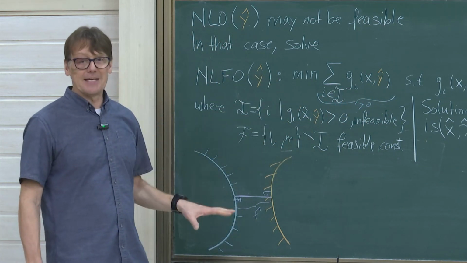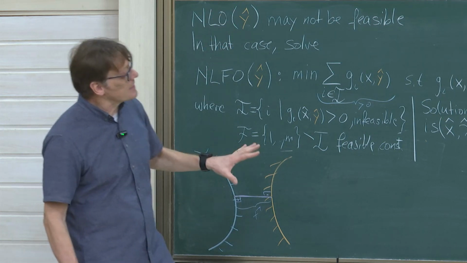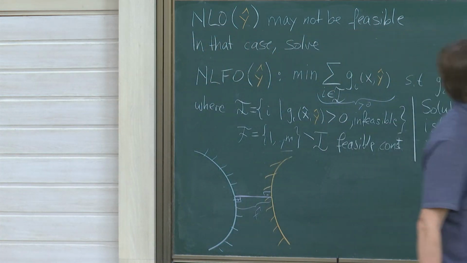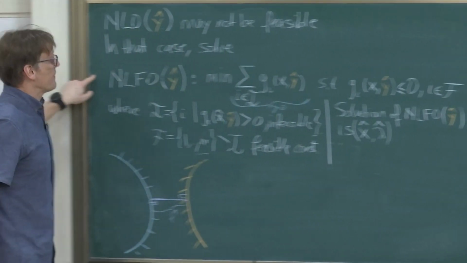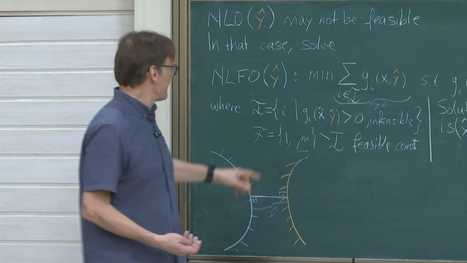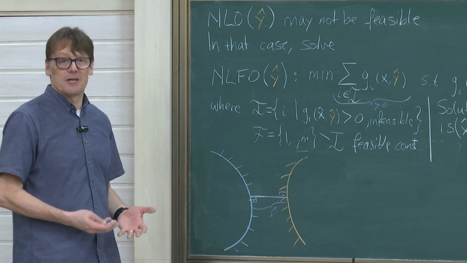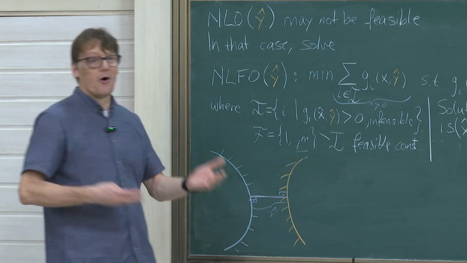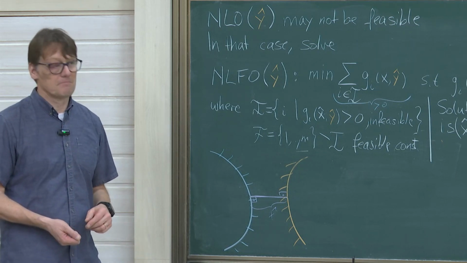So what we've shown today is that if we do these linearizations about optimal points of either the nonlinear optimization problem or a nonlinear feasibility problem, the optimal points that we get out using these linearizations tell us exactly the same information about optimality or feasibility as the mixed integer nonlinear problem.